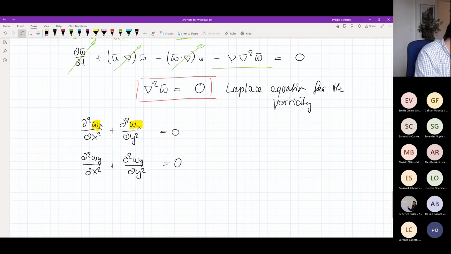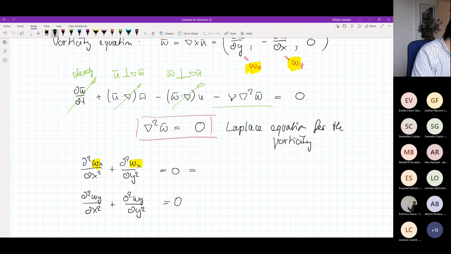So by plugging in the definition of omega x and omega y into these equations, and then reordering the derivatives, what I will get is d dy of d squared w dx squared plus d squared w divided by dy squared.